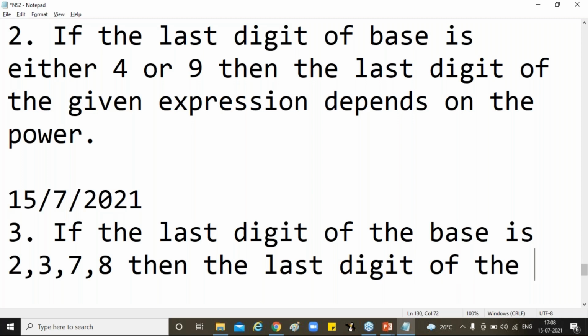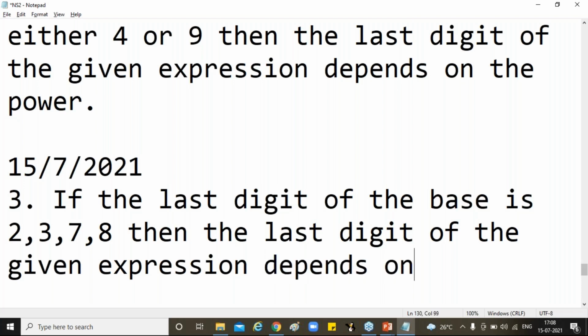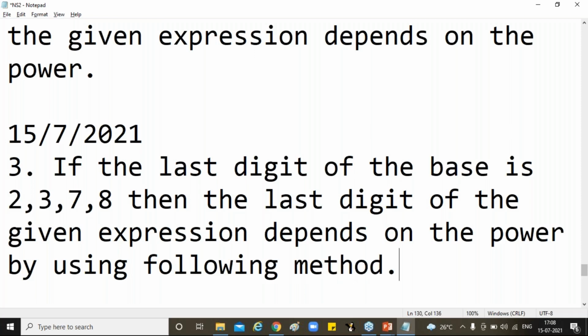the last digit of the given expression depends on the power, by using the following method.